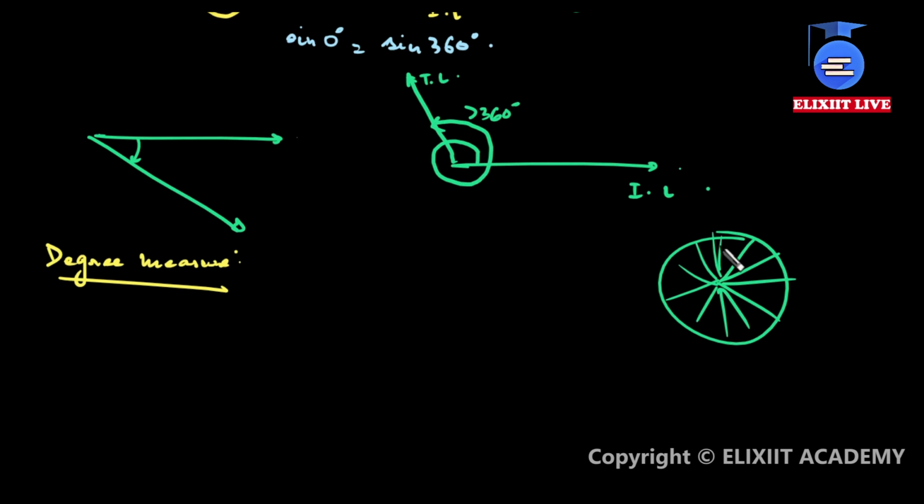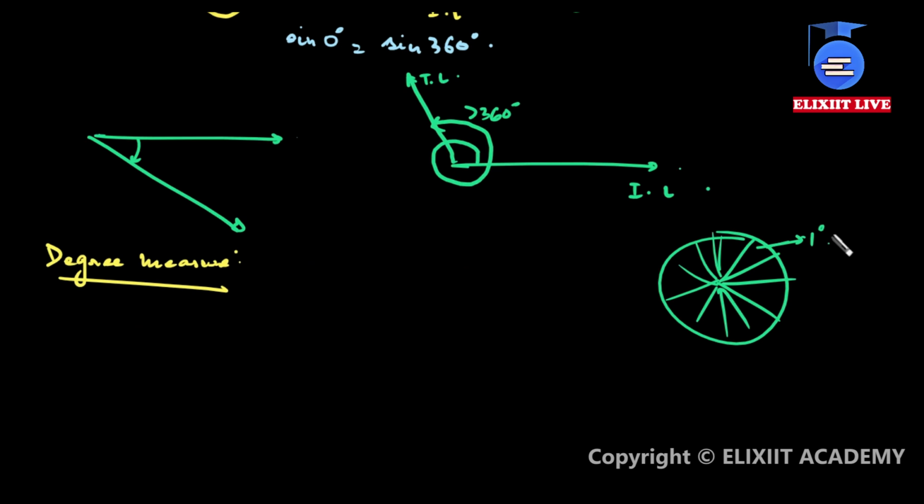Since a complete rotation is described as 360 degrees, after taking this circle we divide it into 360 equal parts, and each of these equal parts, each of these slices, is known as 1 degree. That's what we do in case of degree measure.